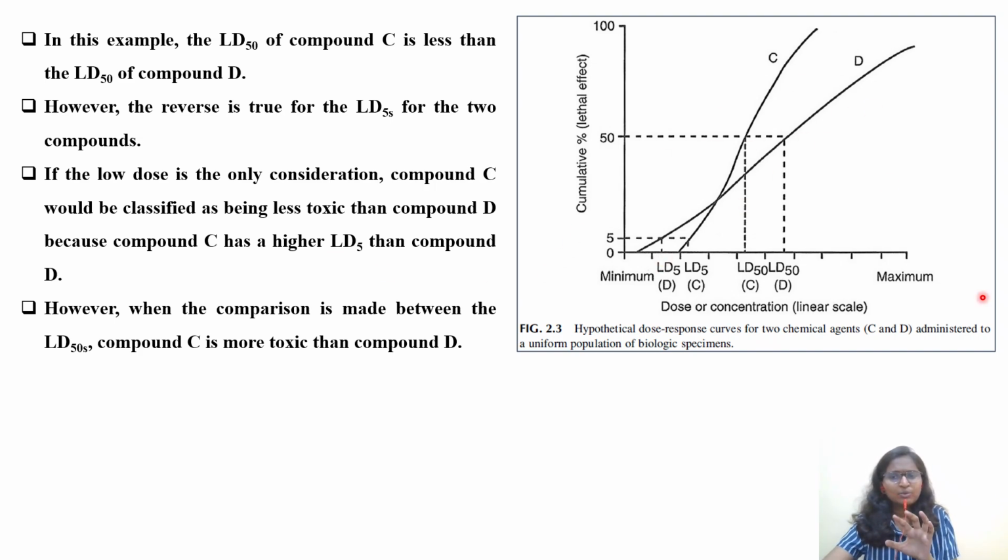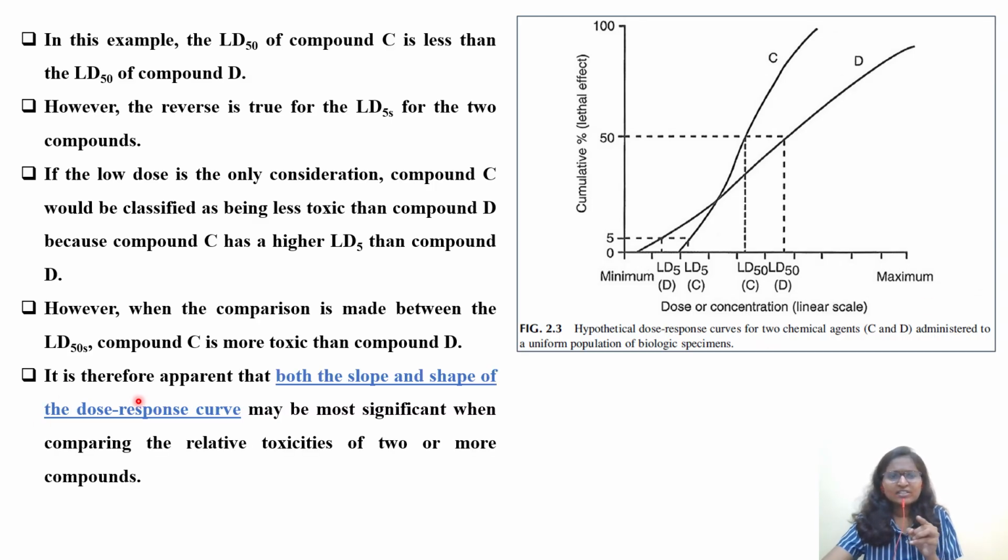So what do you understand? What is the take home message from this? It is therefore apparent that both the slope and shape of the dose response curve are important. That's why we say, is the dose response curve steep? You will come across this word whenever you are doing any 28-day toxicology study.